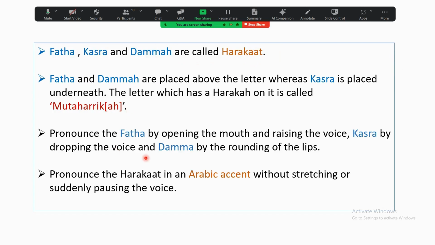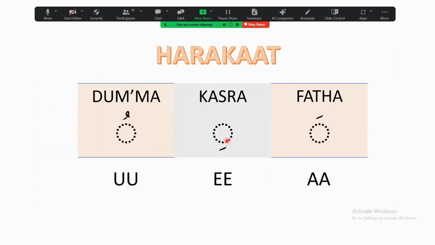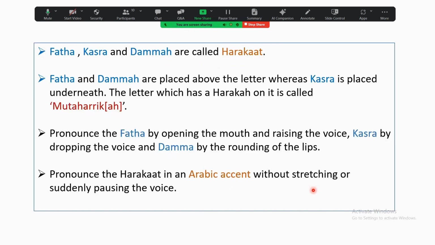So pronounce the fatha by opening the mouth. It will automatically happen, which is very obvious because this fatha symbol makes a short vowel sound of a. When we are making this a sound, obviously we have to open our mouth and say a. So, pronounce the fatha by opening the mouth and raising the voice, like a.